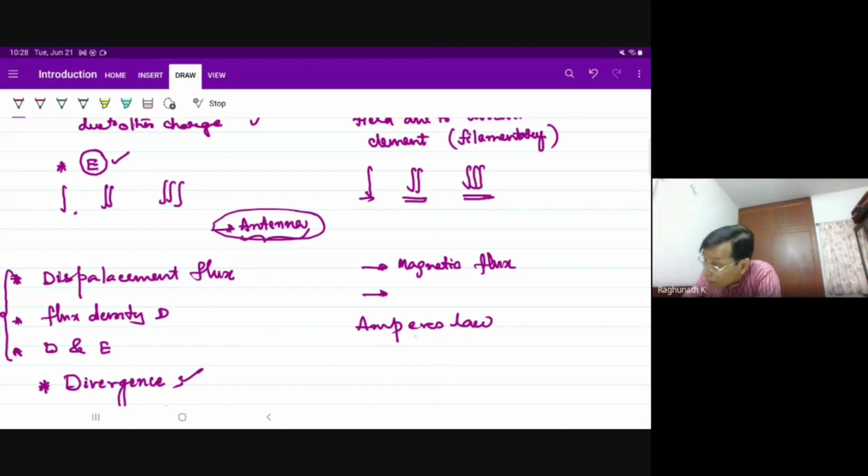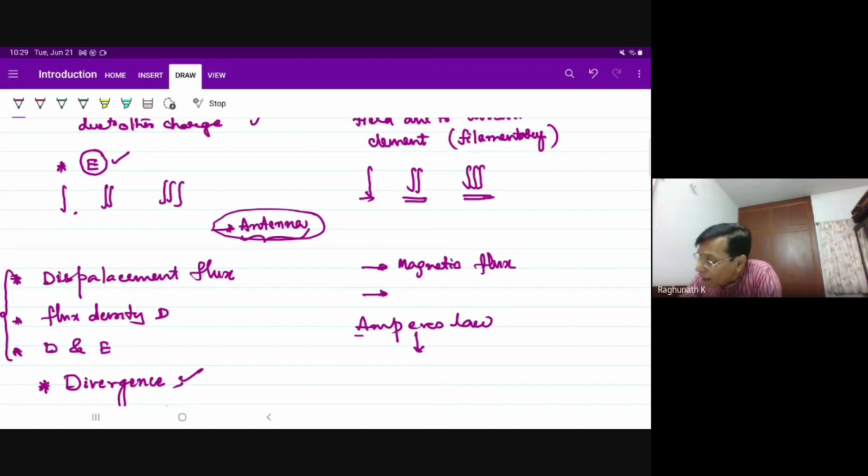This Ampere's law is also Ampere's circuit law because it is used to analyze magnetic circuits. Magnetic circuits are basically transformer circuits, where there is a closed path for the magnetic flux lines. The best example is actually a transformer.